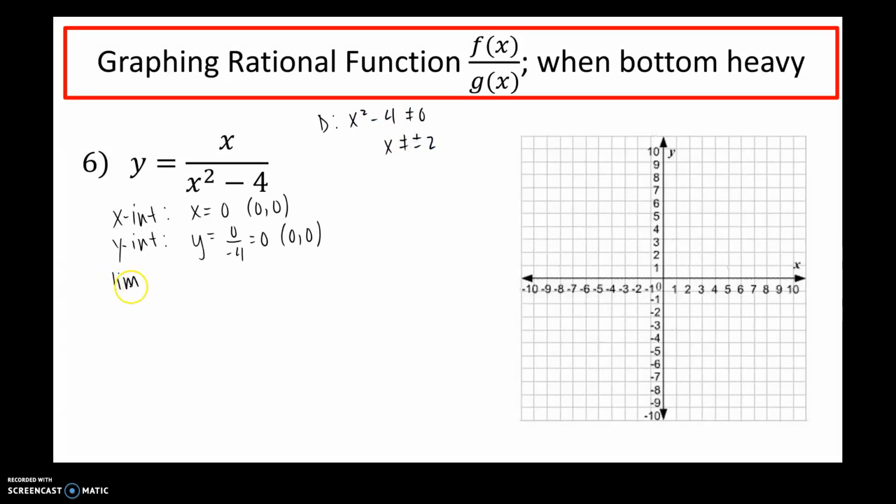So for my vertical asymptotes, limit as x approaches positive 2 of my function would give me 2 over 0. So there's a vertical asymptote at x is equal to 2. If I look at the limit as x approaches negative 2 of my function, I get negative 2 over 0. So I have another vertical asymptote. We said it's bottom heavy, so we know that there's a horizontal asymptote at the x-axis.